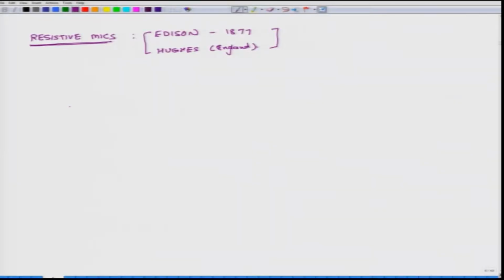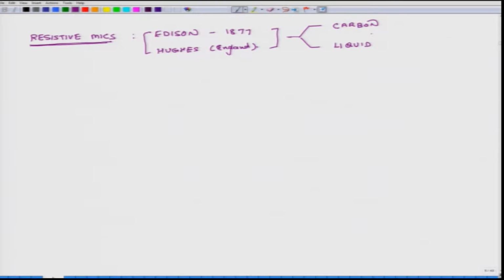Now, before I talk about how a resistive microphone works, there are two broad categories of resistive microphones. One is known as carbon microphones and the other one is liquid microphone.